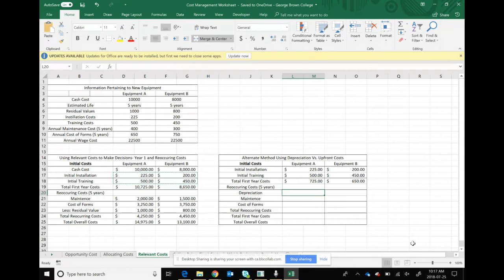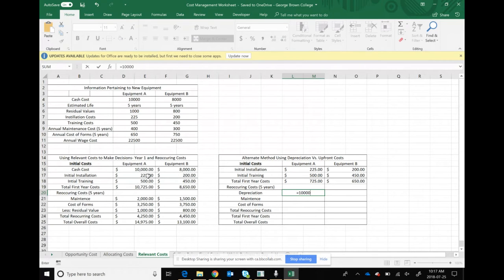That's how we calculate depreciation. If we're depreciating it over 5 years, we should have fully depreciated that asset over that time. So for equipment A, it cost us $10,000.